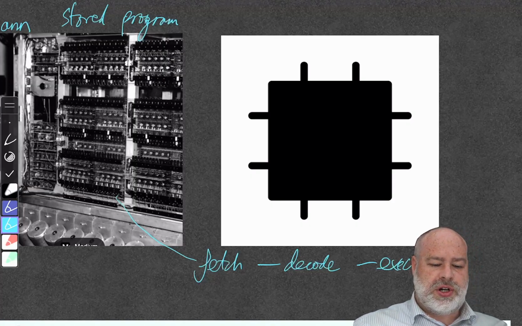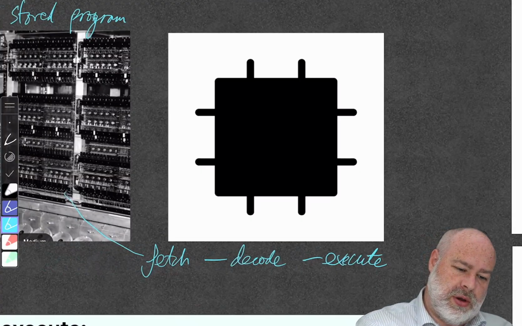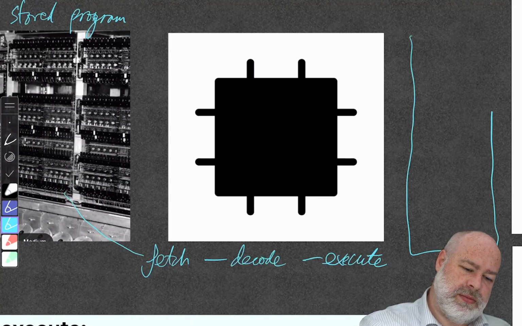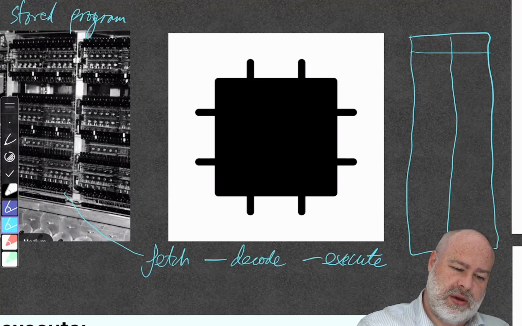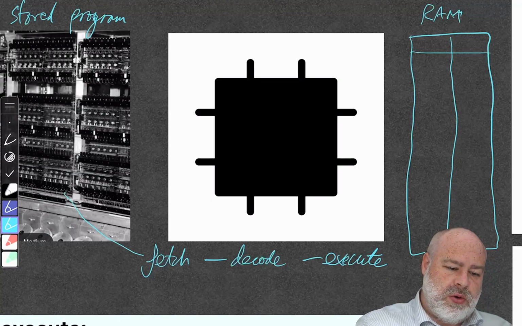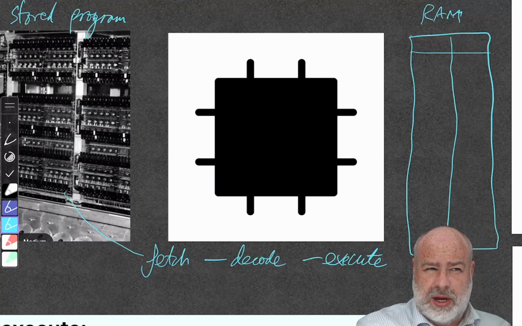And all those instructions are going to be loaded onto, in fact, I'm going to draw a little primary memory thing here. So this will be our RAM. And don't worry, we'll talk more about what primary memory is in another video.